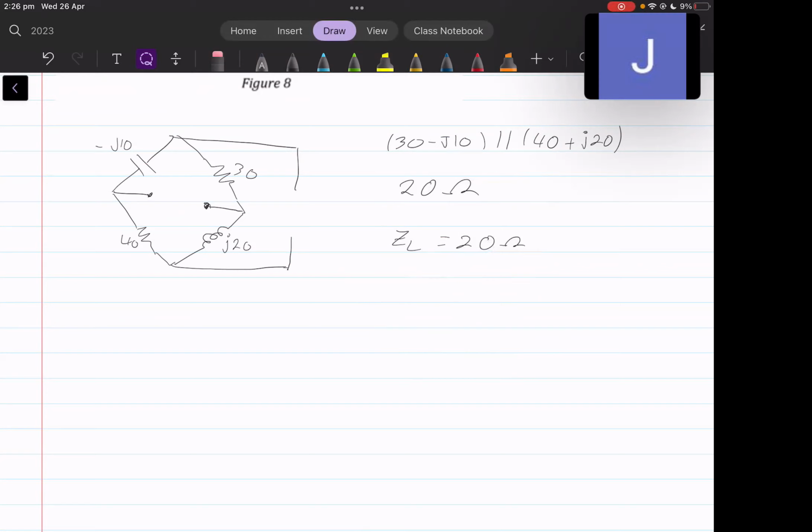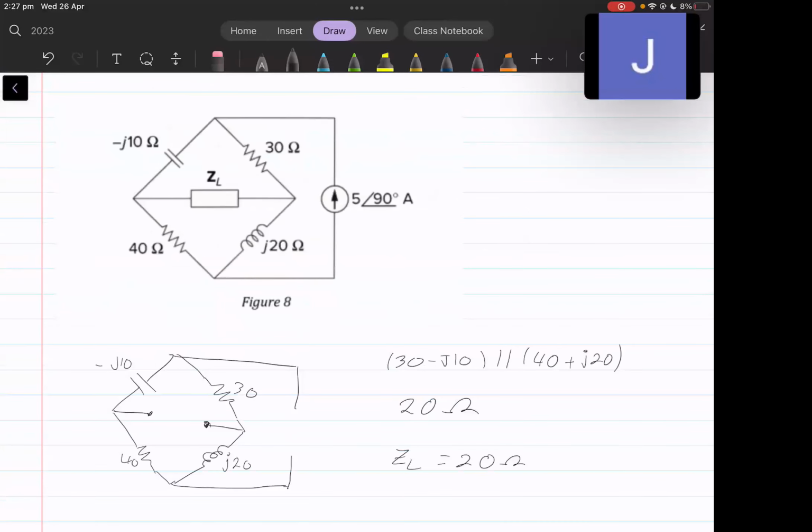It would just be the 30 minus J10 times 40 plus J20, and then on the bottom, you would add them. So you can just enter that in the calculator and it will give you that result. Then because that's the impedance, our load should just be the complex conjugate of that, or in this case, since it's purely real, it's just the same thing.